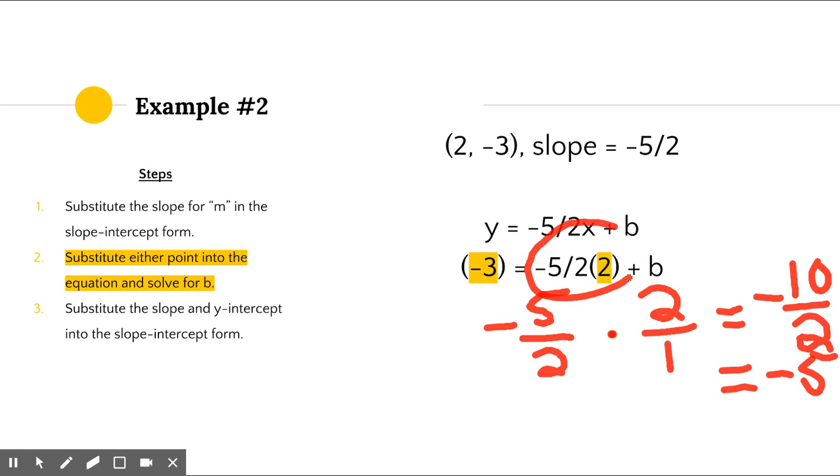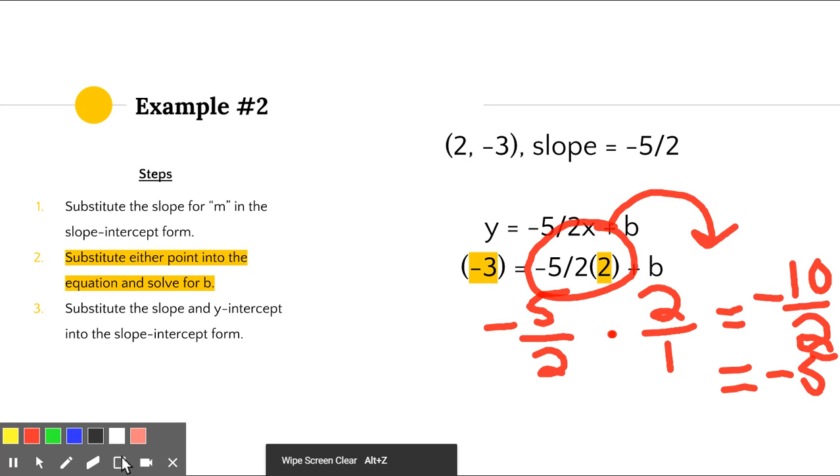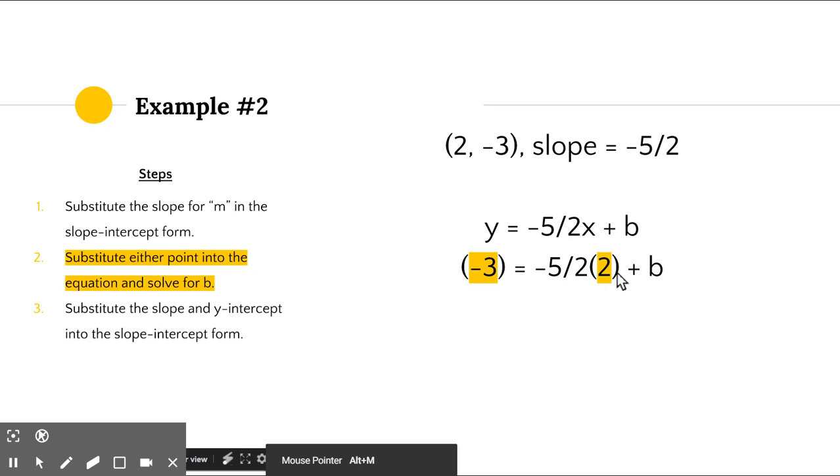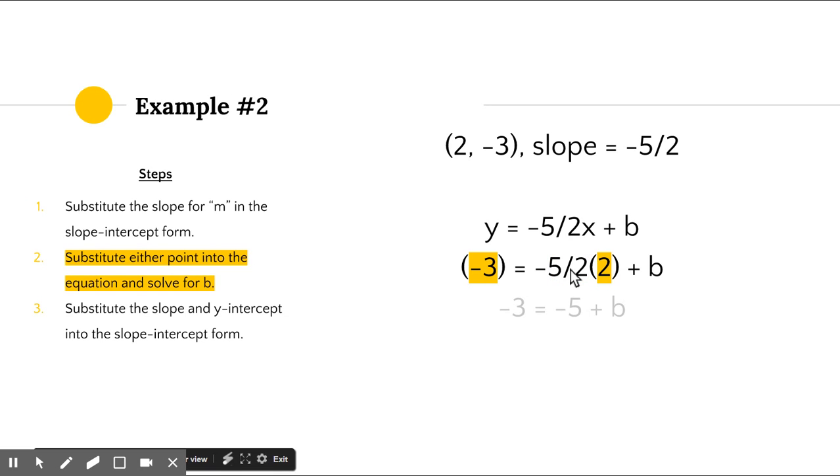Even though this part looks really scary, when you put it in fraction form and start doing the work, you end up getting a really easy answer. So -5 over 2 times 2 is just -5. Then to solve this, we add 5 to both sides, and we find that, kind of a coincidence like the last problem, our y-intercept is 2.